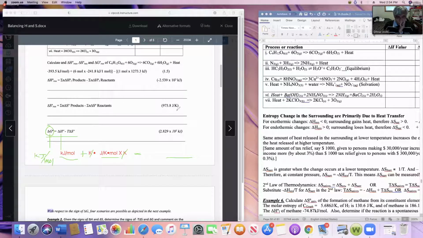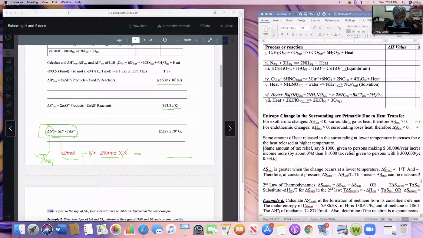Now, we calculate this too. If we want to calculate delta G, we have this equation. I have not derived the equation for you yet. It's a relatively simple equation, but we'll do that later.